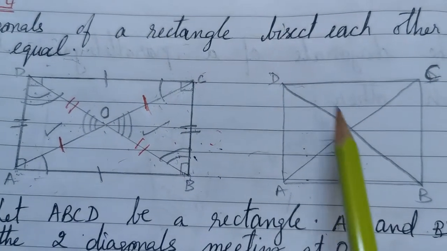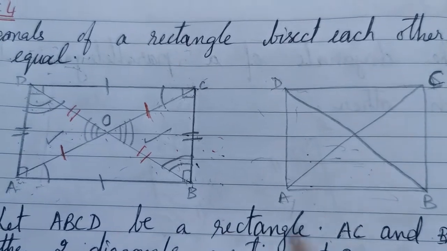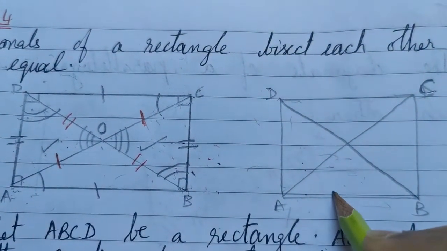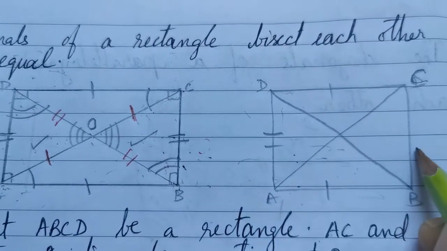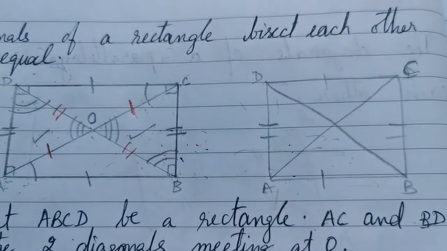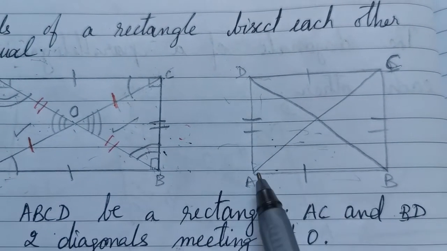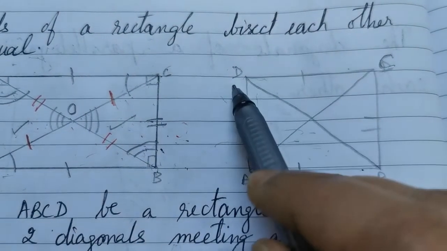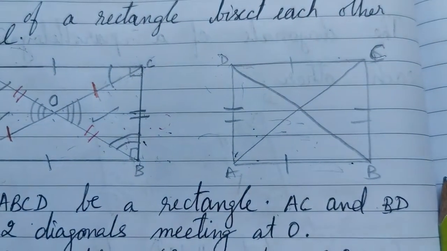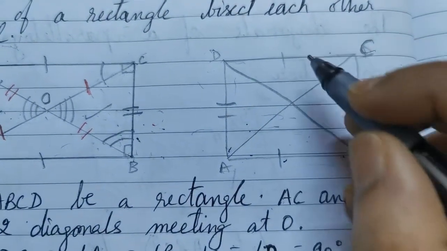Now I have triangle ABD and triangle ACD. So here opposite sides are equal. So can I say in triangle ABD, AB, and in triangle ACD, CD are equal. Therefore AB is equal to DC in these two triangles.